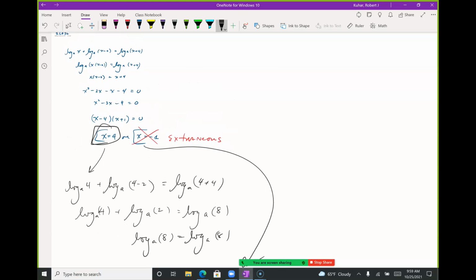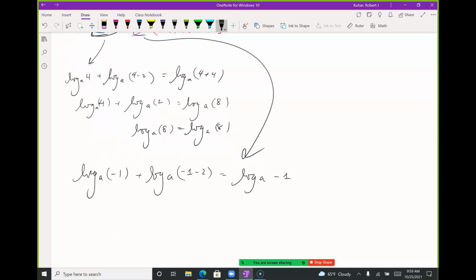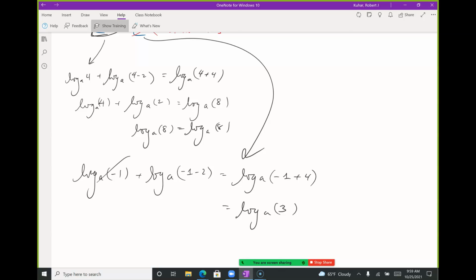X plus 4? Yeah, negative 1 plus 4. That's fine, but the other ones are no good. I can't put negative 1 into log base a. These are bad.